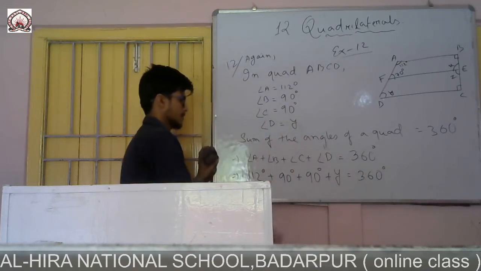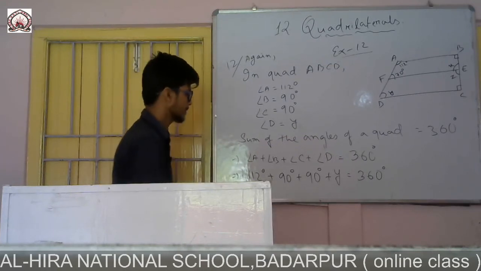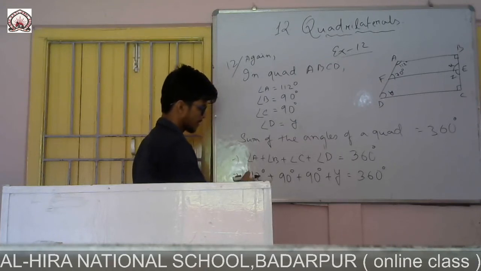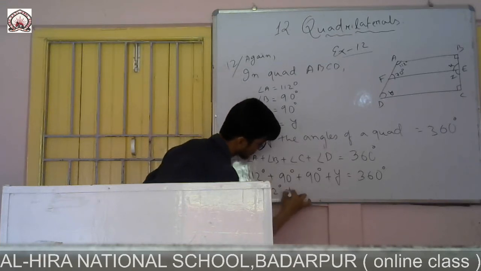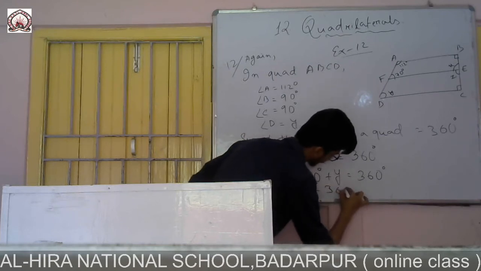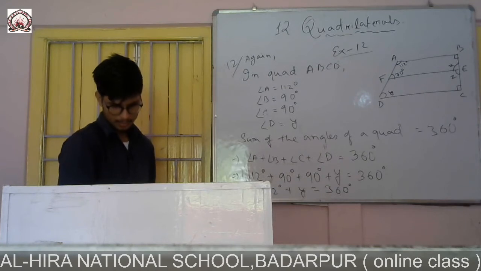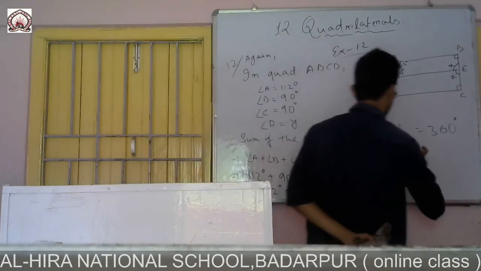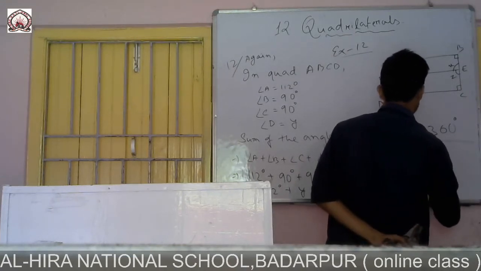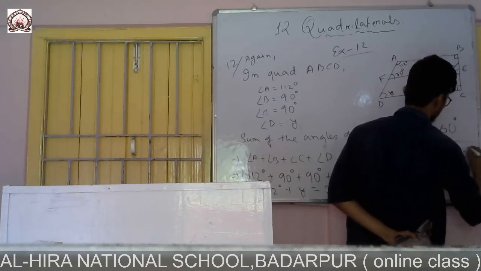Implies you simply add these two, 90 plus 90 is 180, 180 plus 112 is 292. So 292 plus y is equals to 360 degree. So y will be equals to 360 degree minus 292 degree.